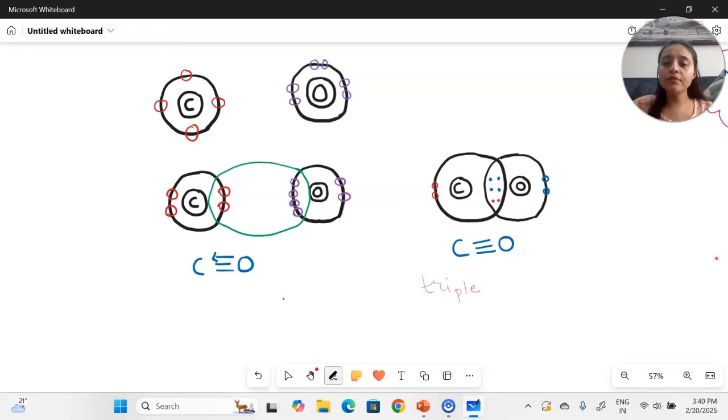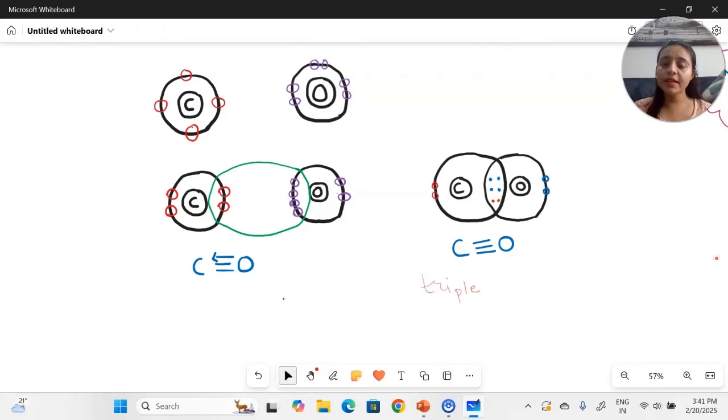So you can see this one pair of electrons is coming from the carbon itself, and the electrons are coming from the oxygen. Likewise they form a triple bond, alright. So that is known as the coordinate covalent bonding, which can be seen in carbon monoxide. This is one example for the electron dot structure, or you can say the structural formula, where you can see the covalent bonding, and this one is coordinate covalent bonding.